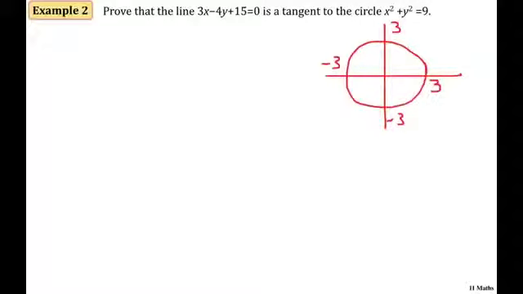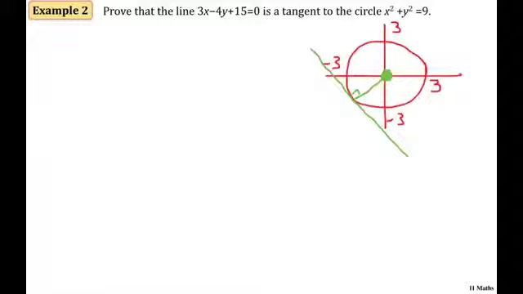Well, to prove the line is a tangent to the circle, what we actually need to have then, I mean, I don't know where the line is going. Let's randomly draw it going through like that. If it was a tangent to the circle, it would touch the circle just once and it would create a right angle going back to the centre of the circle, which means if I take the centre of the circle as my point, and I find the distance from that point, the centre of the circle, to my line.